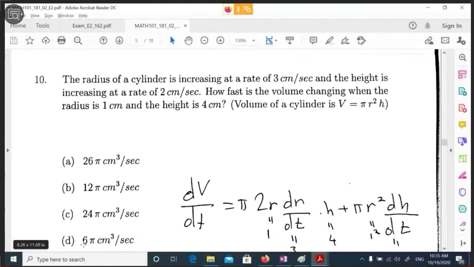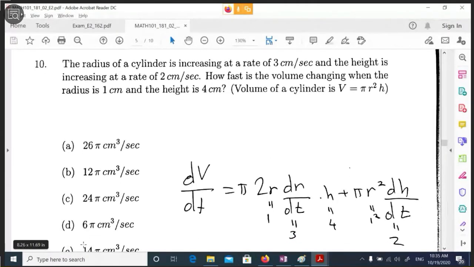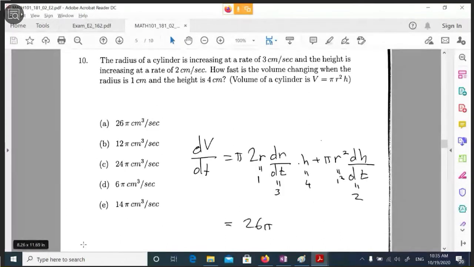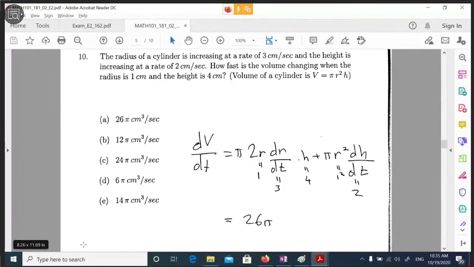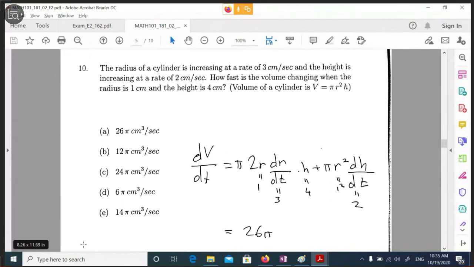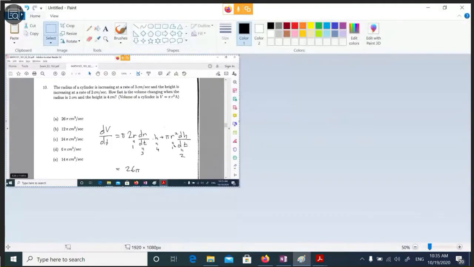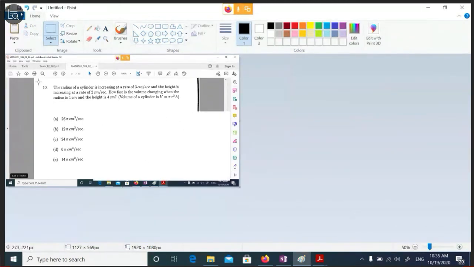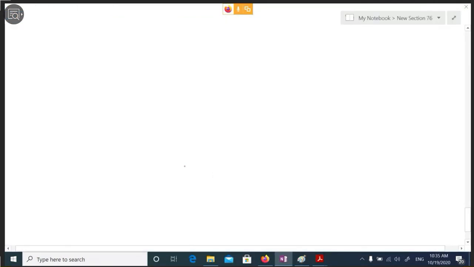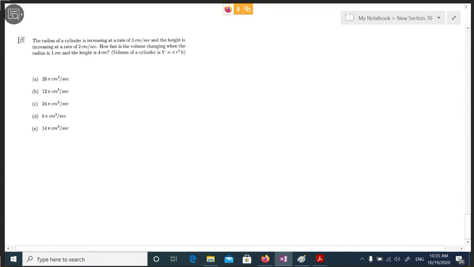Okay, this problem here, I think it may be difficult for the students because they need to read and understand what they are trying to say here. So think about it for a few minutes and then we can do it together, okay?